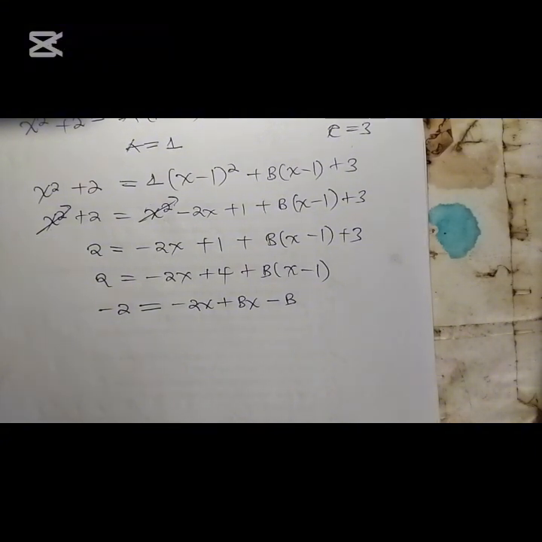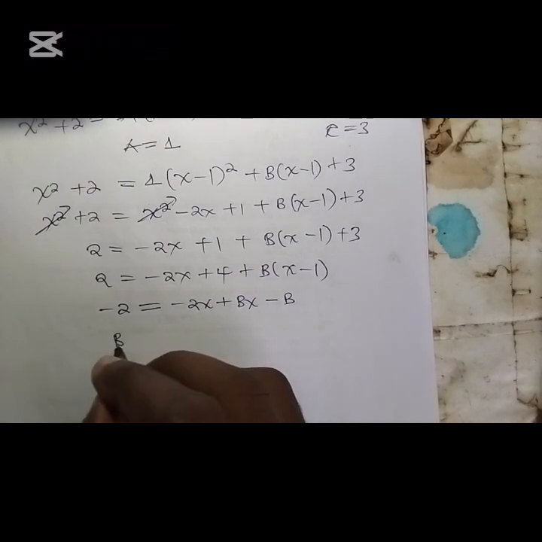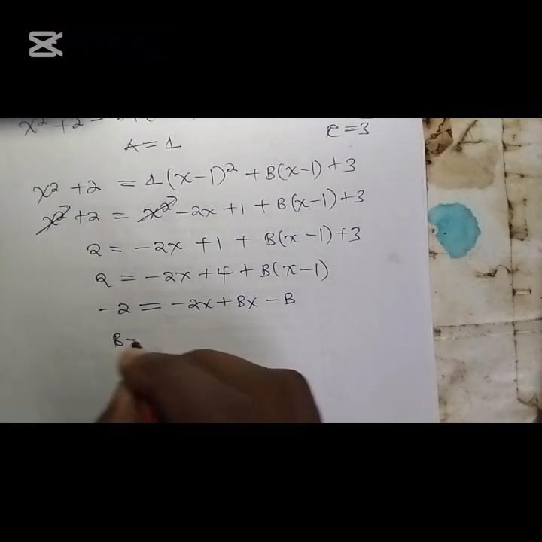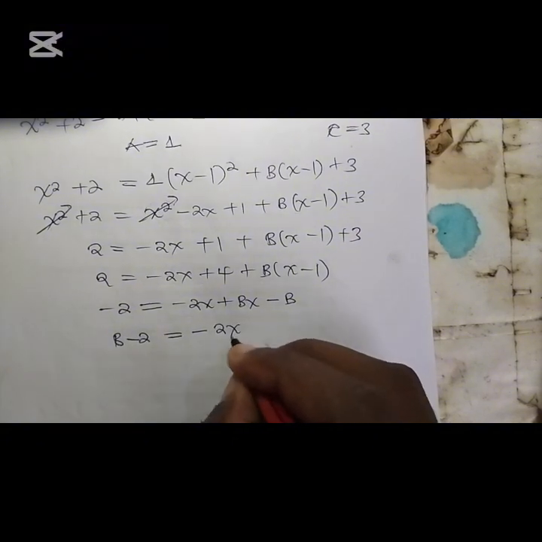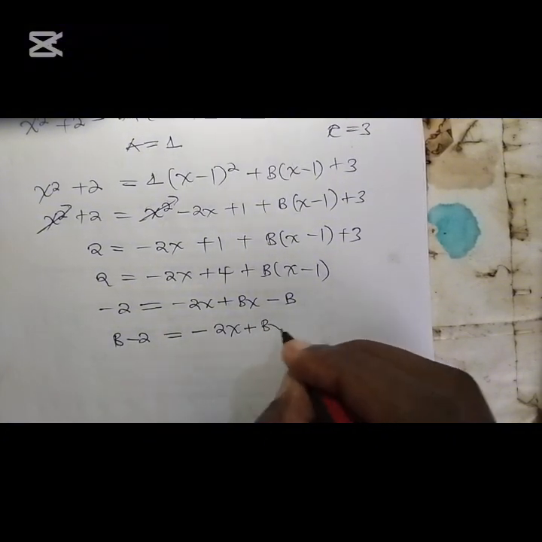All right, then from there now we take b to the other side, so it will be b minus 2, which is equal to negative 2x, then plus bx.